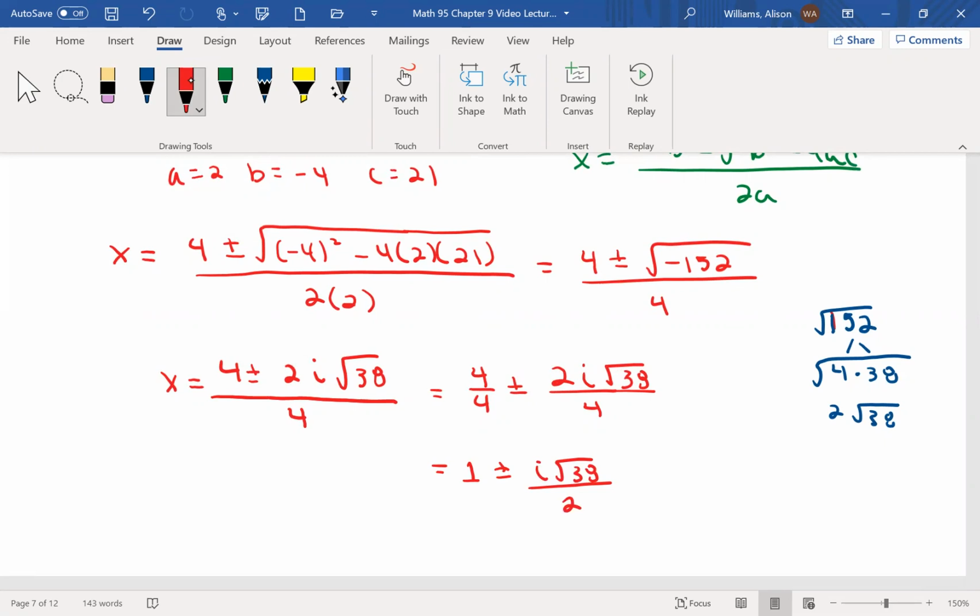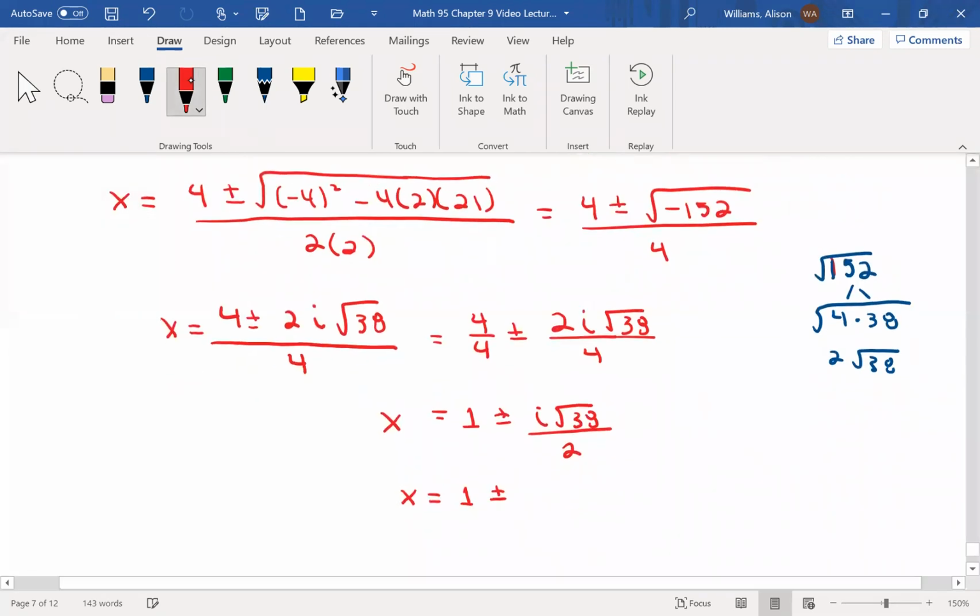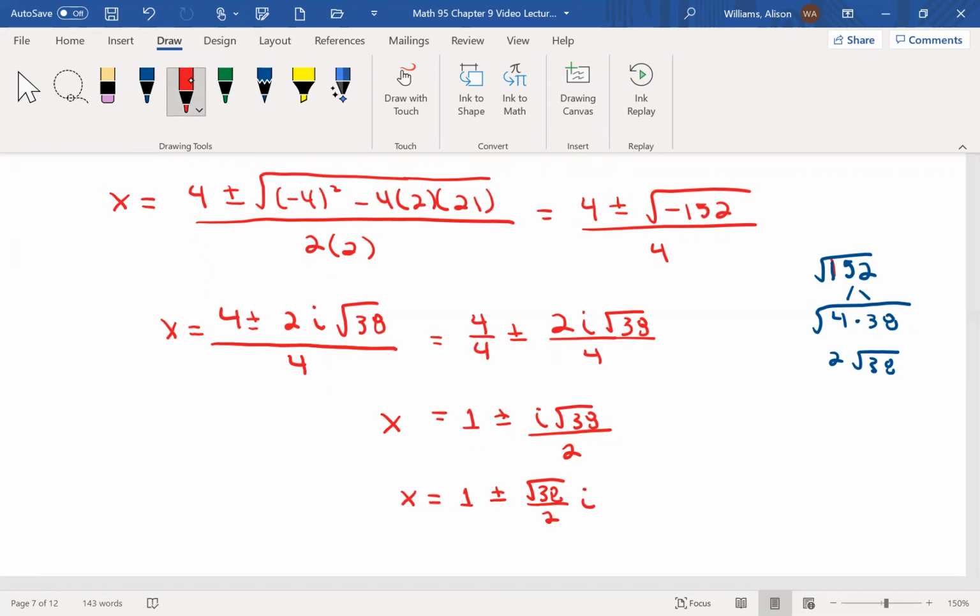That's a perfectly acceptable answer for me. But they like that form a plus bi, so they often like to put the i at the back. So they will write it as square root 38 over 2 and then i at the very end, so that we're seeing that a is 1 and b is the square root of 38 over 2. That's kind of how the form that they like to do those imaginary numbers in.